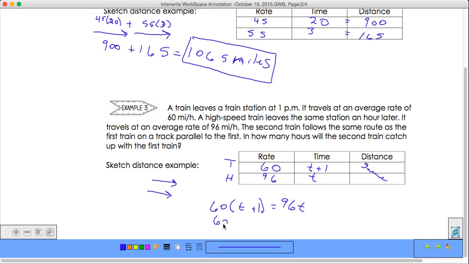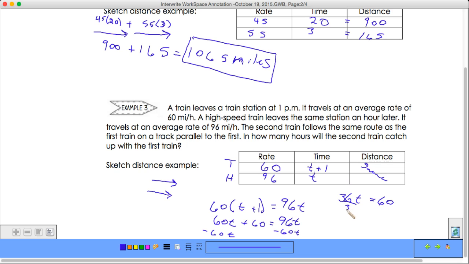Here I'm going to distribute, which gives me 60t plus 60 equals 96t. Subtract 60t from both sides. I'm going to get 36t equals 60.